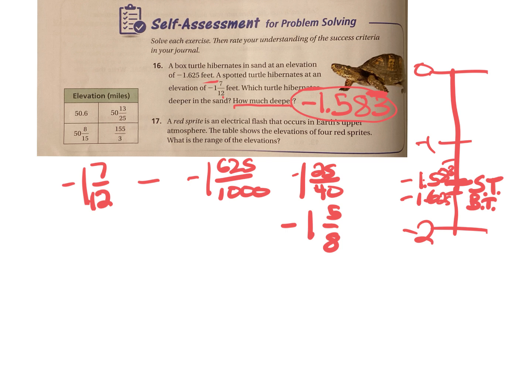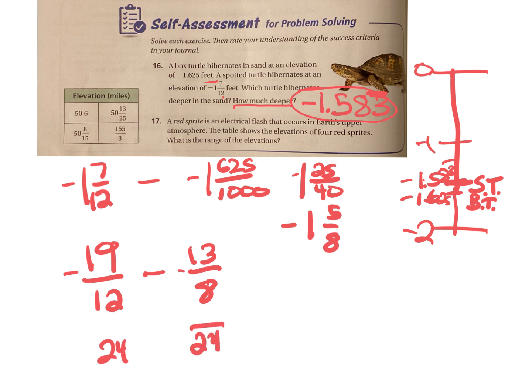Now make it improper. So negative 12 times 1 plus 7 is 19 twelfths. And then I'm going to take that and find the difference to 13 over 8. But I want to have the same denominator. So it's 24.